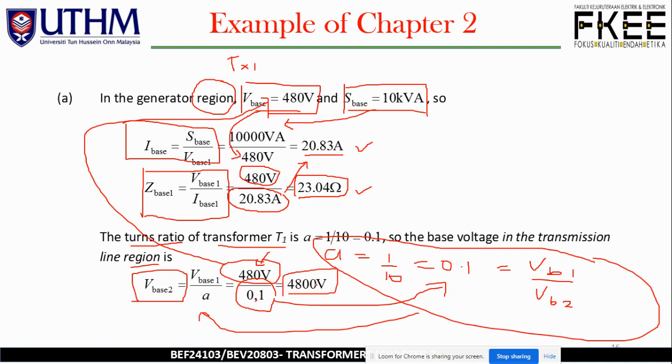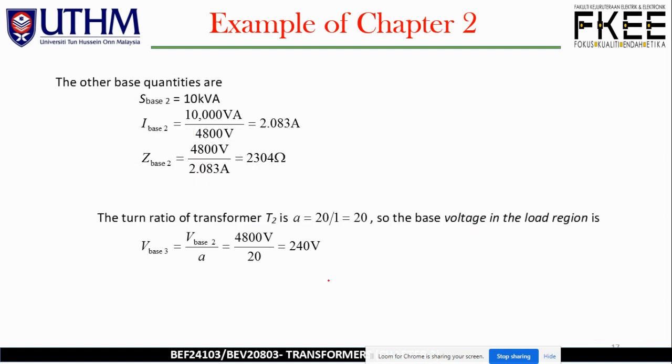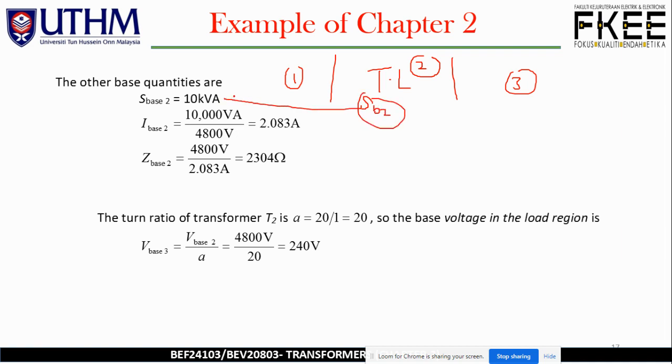So next, after we obtain the value of V base 2, we are able to calculate the next quantities in region number 2, where we have our transmission line. So this is region number 1, region number 2 in between, and here is region number 3, just to recall what we have seen in the figure. We still have the same value of S base 2, which is 10 kVA.